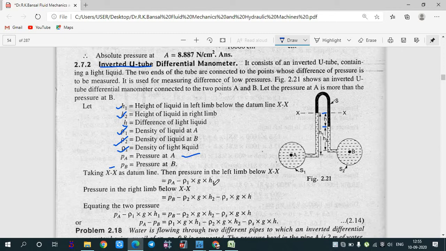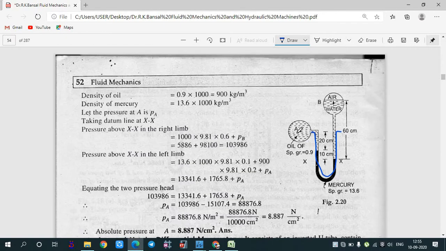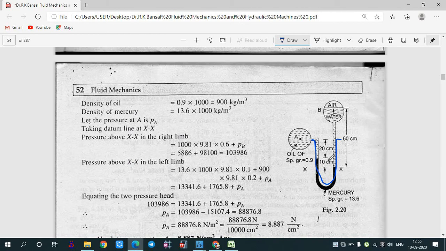Firstly we will take the XX line as a datum and find the pressure in the left limb. First we evaluate the pressure at A, so this will be PA. After that, since it is inverted, we will have to take it as a minus. So far we were taking it downward, so we were adding.